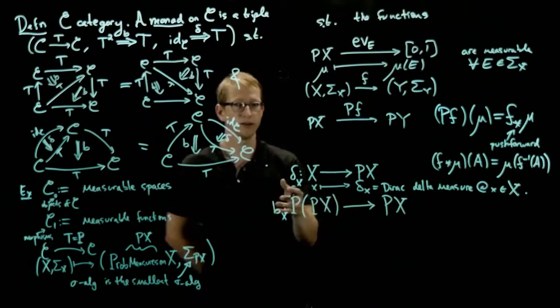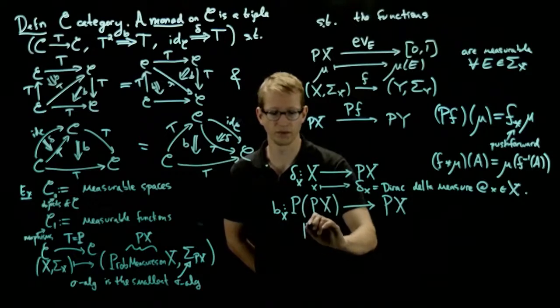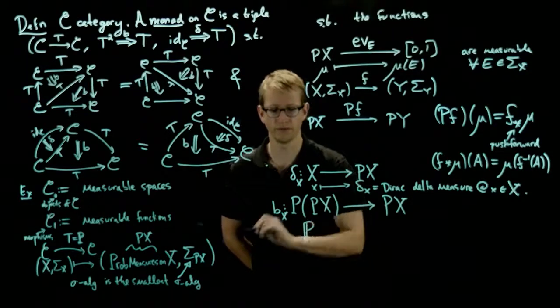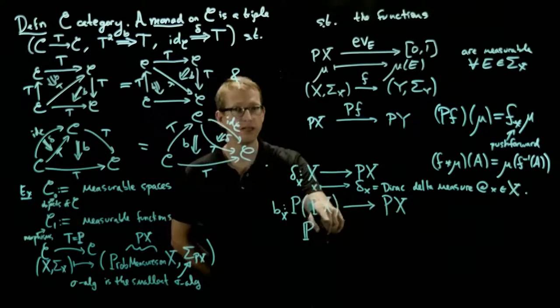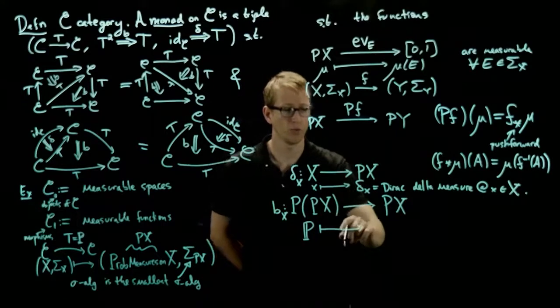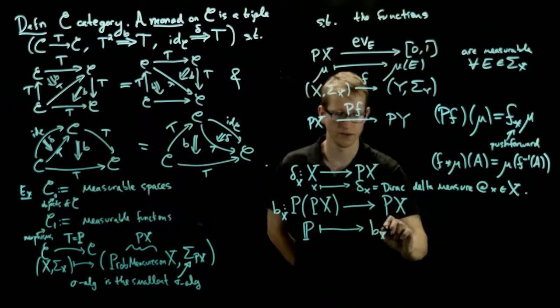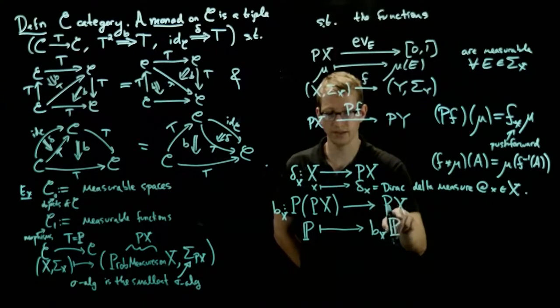So how do we do that? Well, let's take a probability measure on this big space. Call it bold face P, for instance. This is a probability measure on Px. Then what we need to know is, so this gives us a probability measure on just x.